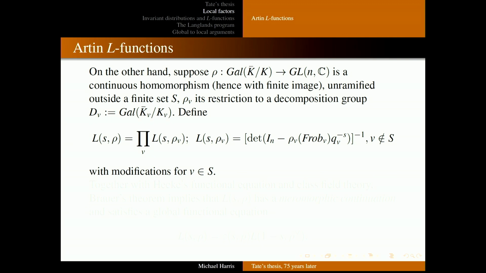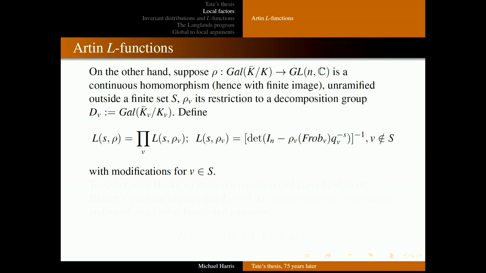But now let's look at non-abelian L functions, starting with the Artin L functions. So suppose you have a homomorphism from the Galois group to the complex matrices, a continuous homomorphism, hence with finite image, and you assume it's unramified outside a finite set. Now for each decomposition group, local Galois group, we let rho sub v be its restriction.